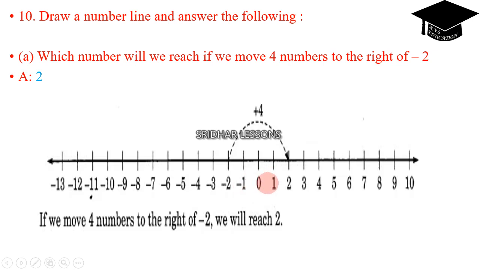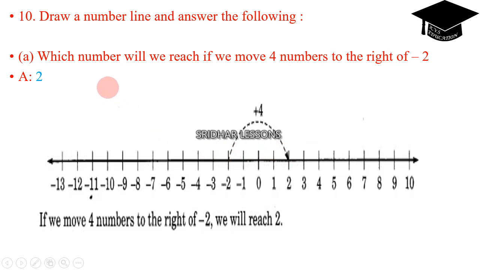To the right side, we have all the positive integers, and to the left side of this 0, we have all the negative integers. To the given number, if we move to the right side, we will get bigger values, and if we move to the left side of the given number, we will get smaller values.